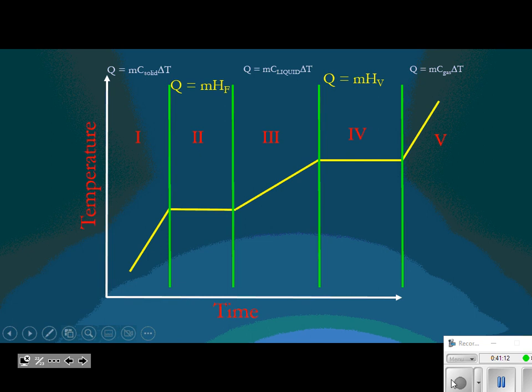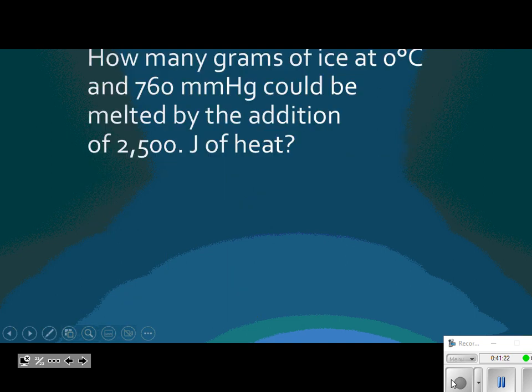So, I know that since I have melting at area 2, here's the one I'm going to use. Q is equal to M times H sub F.